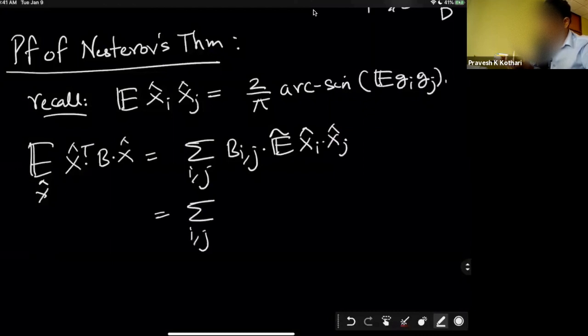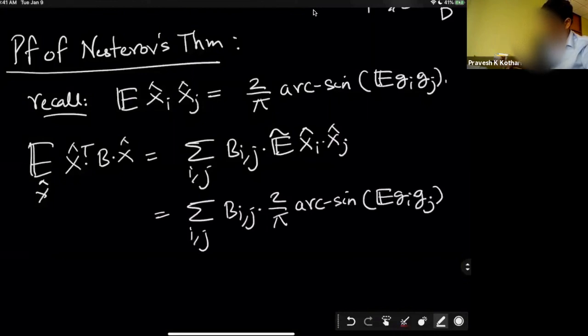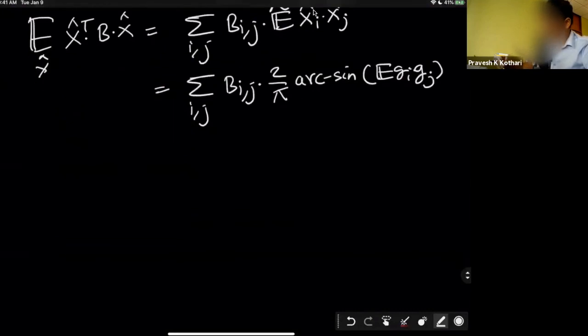By using this consequence of Shepard's lemma, I can write it as 2 over pi arc sine E G_i G_j. And so now you see what my game is going to be. Just going to pull this 2 over pi out.